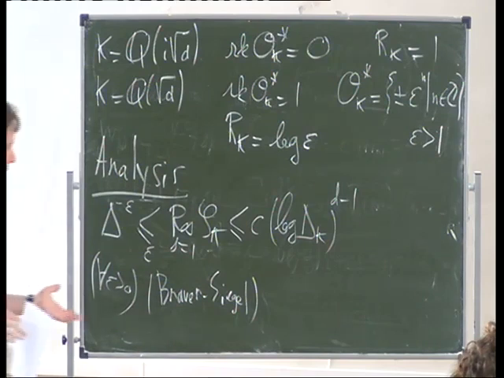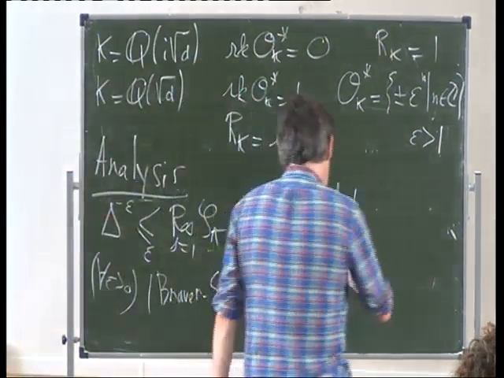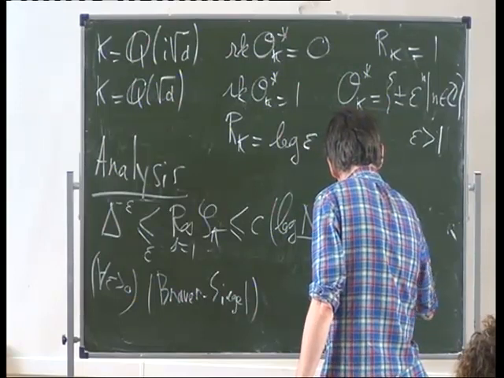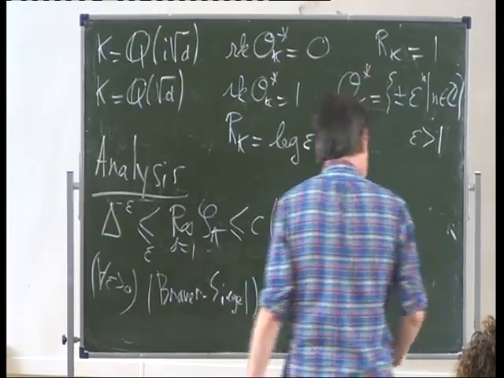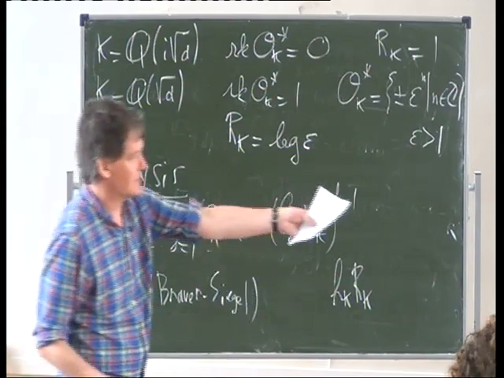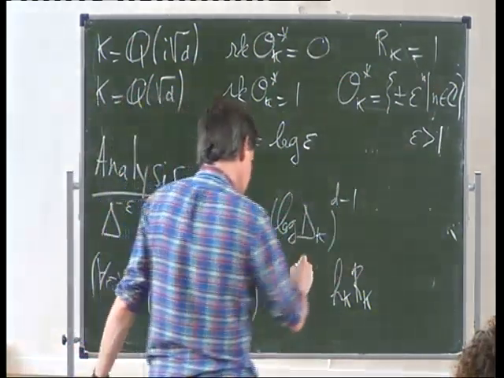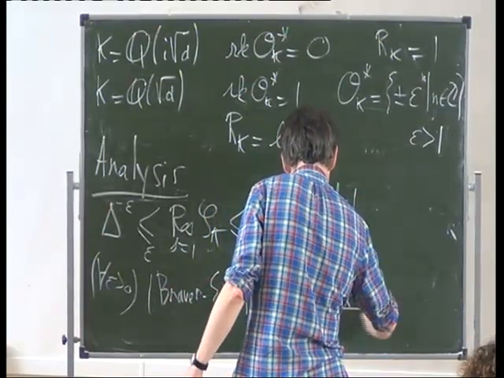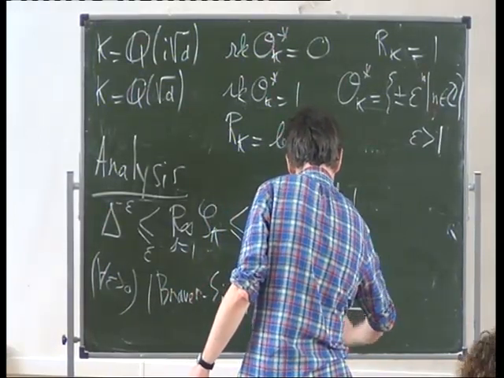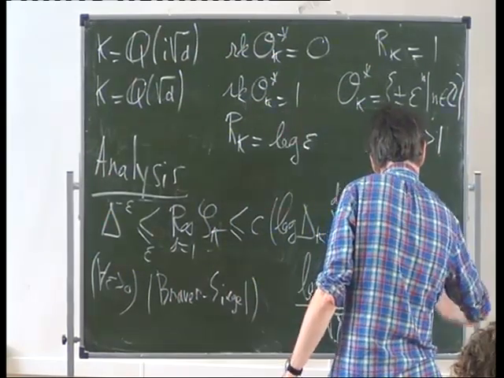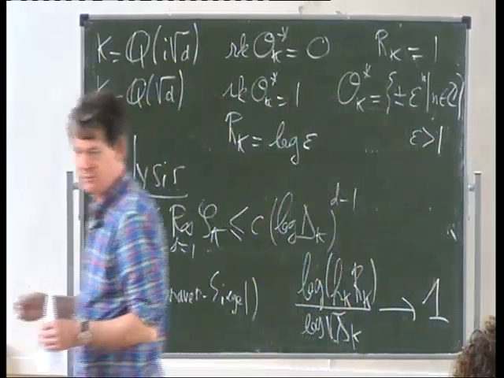And what do you deduce then? The following nice thing is that this product behaves like the square root of the discriminant of the field, because of this formula down there. So I will write it like this: the log of the product divided by the log of the square root of delta tends to 1 when the discriminant goes to infinity.